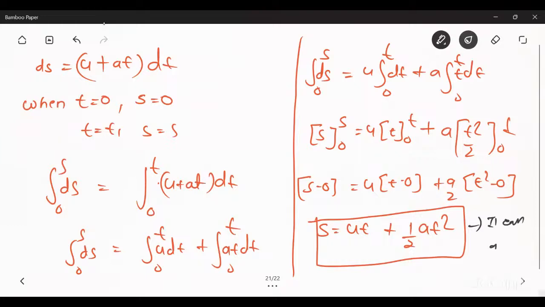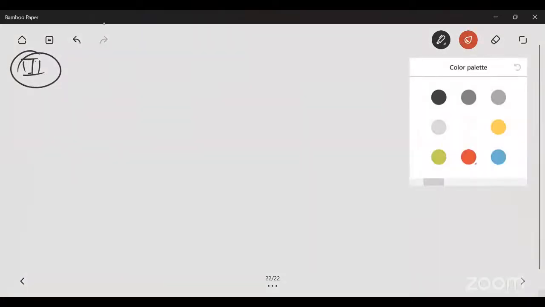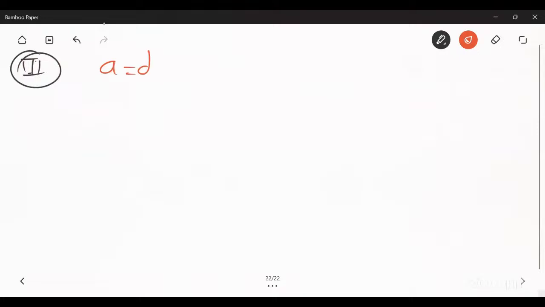Now come to the third part, the third equation of motion. For the third, we have a equal to dv by dt. Acceleration is equal to change in velocity upon time. Sorry, wait.